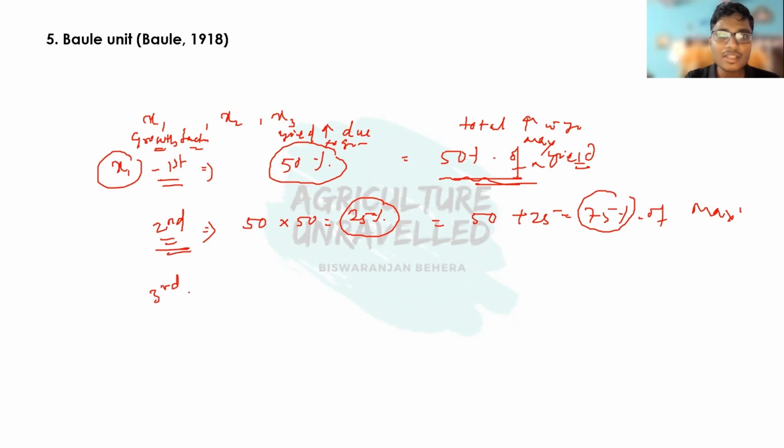And when we applied the third Boule unit, it is 50% of the second Boule unit. Due to the second Boule unit, the yield increase is 25%. So it is 50% of 25%, that is 12.5%.